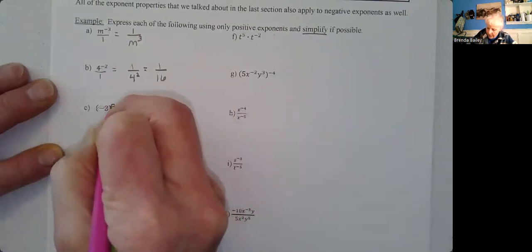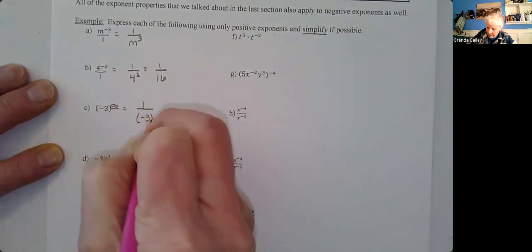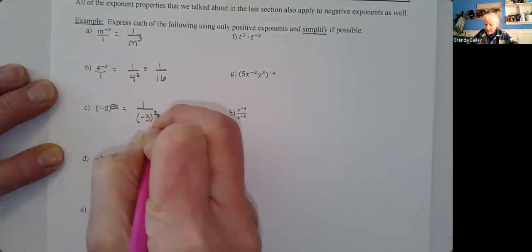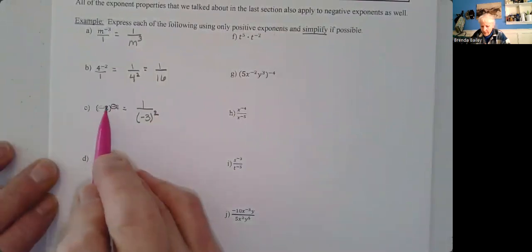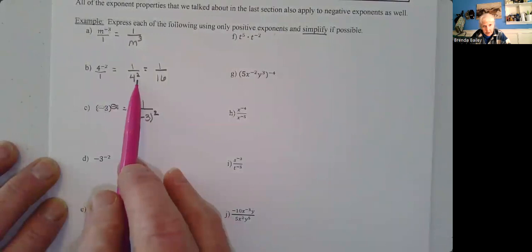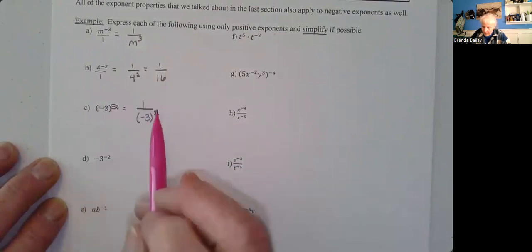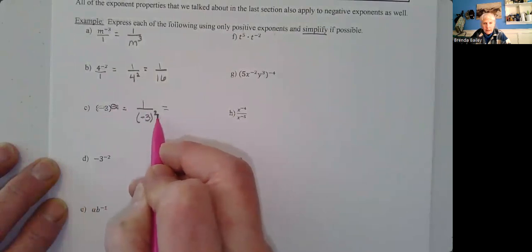We're going to get rid of this, and I'm going to go ahead and just keep the parentheses. See what I did? I got rid of the negative by moving this to the denominator. Then the negative disappears, it becomes positive. But just like this one, they wanted you to simplify it. Well, the negative with an even power, we know that the negative will disappear.